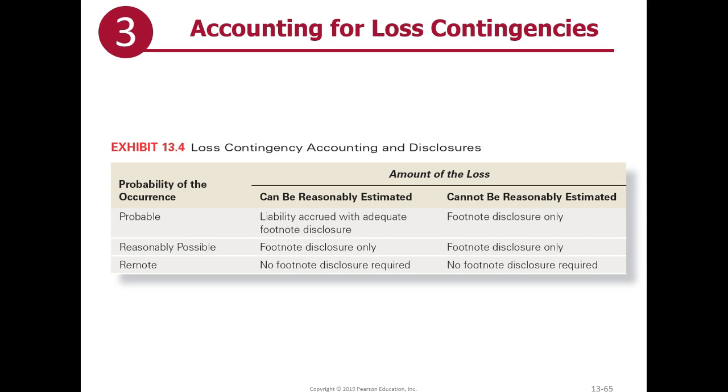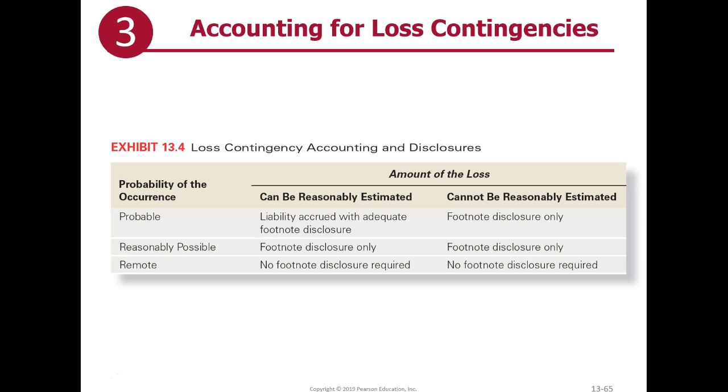In the second case, when it's reasonably possible and you can estimate it, let's just go ahead and do a footnote disclosure only. And of course, if it can't be reasonably estimated under reasonably possible, then let's still do a footnote disclosure. And finally, when it comes to remote, we don't have to do anything.